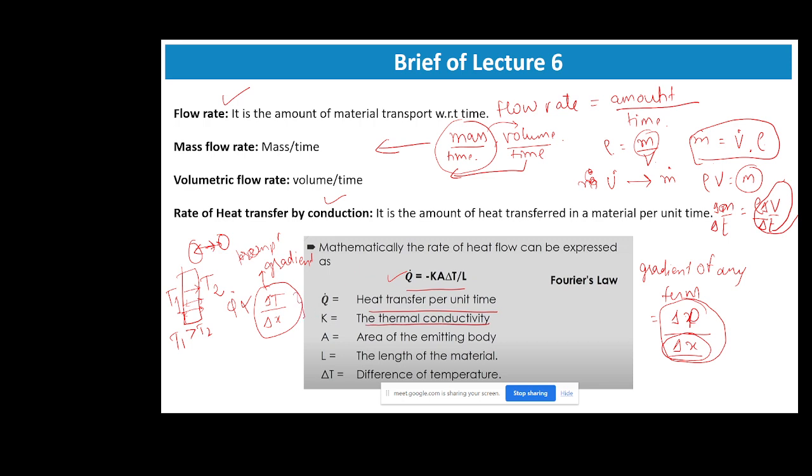So that distance is, let's say, x. So change in the property with respect to the length is the gradient. So this is the temperature gradient here, and also the cross section or the area through which the heat is flowing. Say for example, here there is some insulation, so this portion will not allow the heat to travel. Okay, so Q also directly relates to the area through which the energy is traveling.